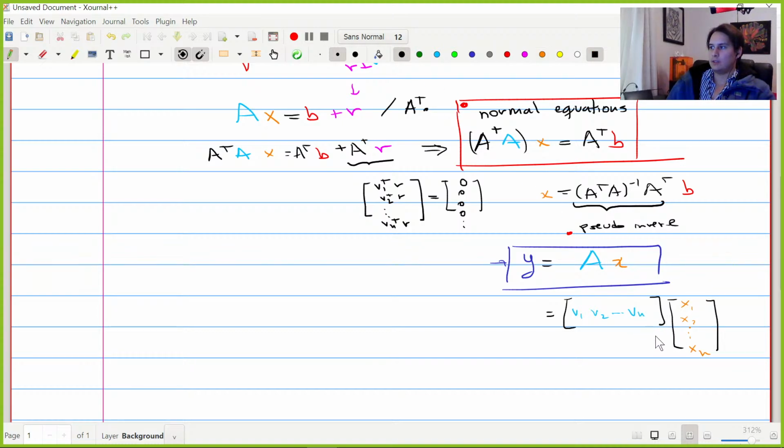And you can see that this is, for example, let's say that this is n by n and this is n by 1.